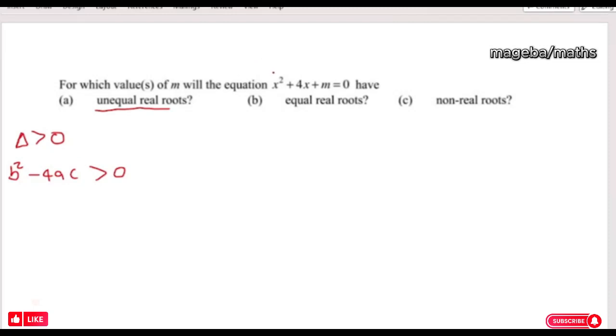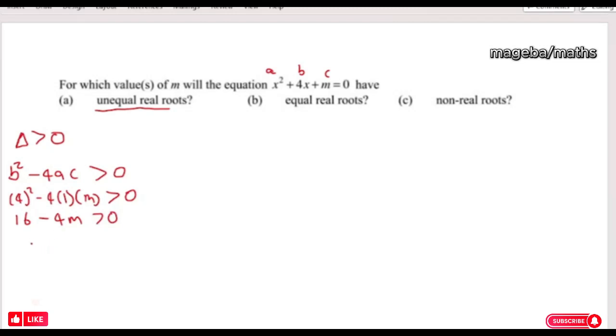Our a here is 1, our b is 4, and our c is m. So we have 4 squared minus 4 times 1 times m. 4 squared is 16, so we have 16 minus 4m, still greater than 0.